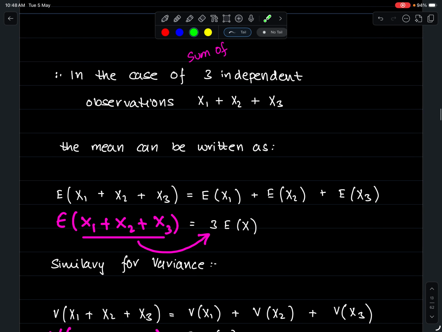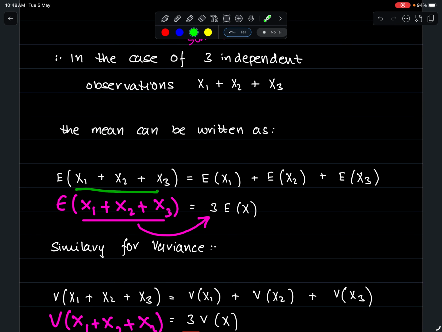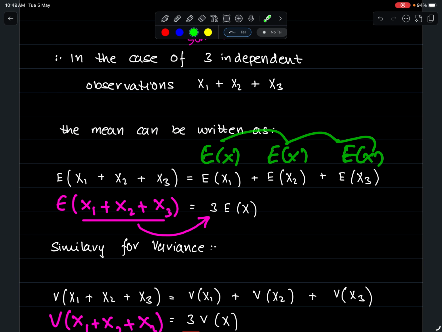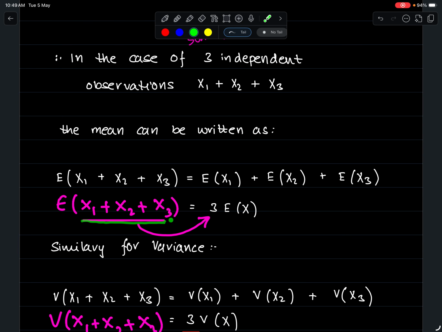So the mean of these 3 observations, E(X1), E(X2), E(X3), are all equal to E(X). So it will become 3E(X). If you are adding 3 independent observations of x, write it like this, 3E(X).